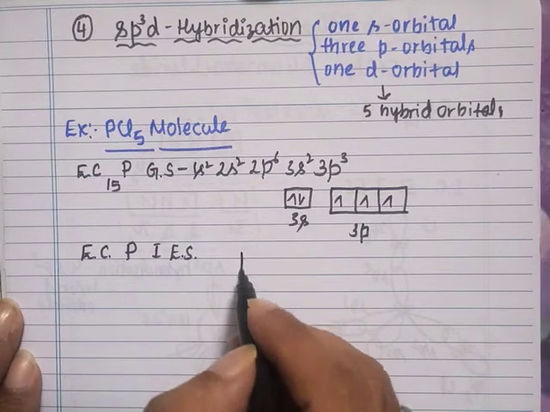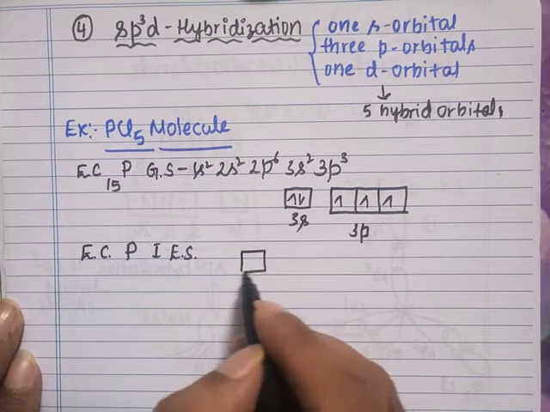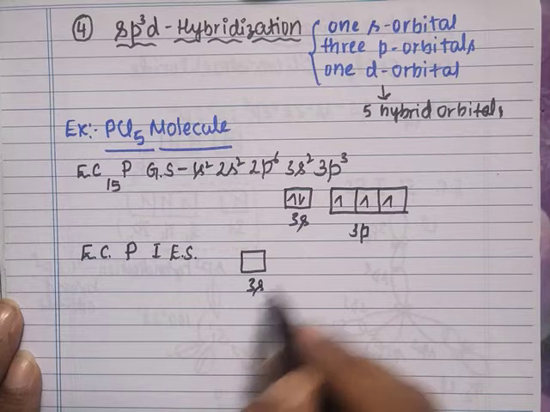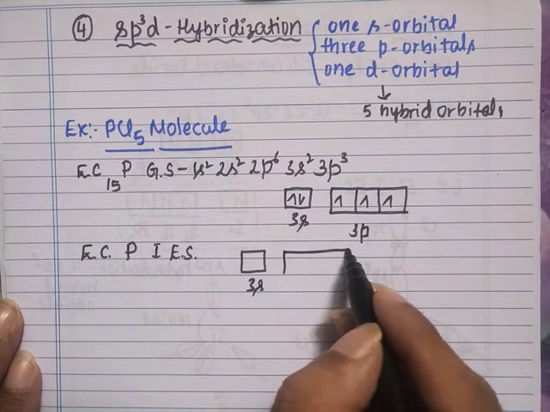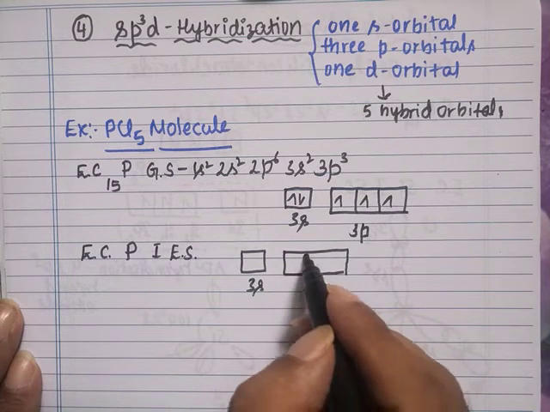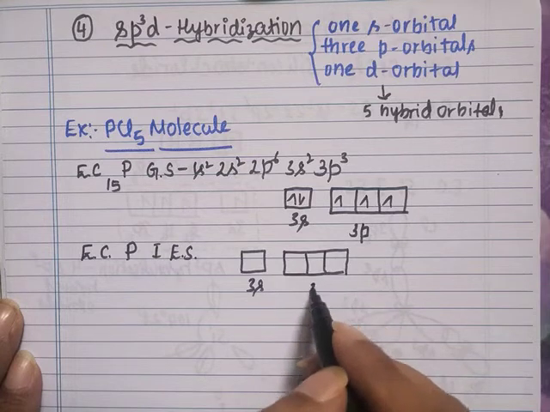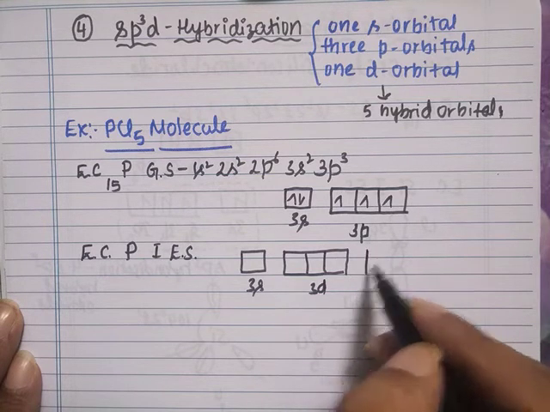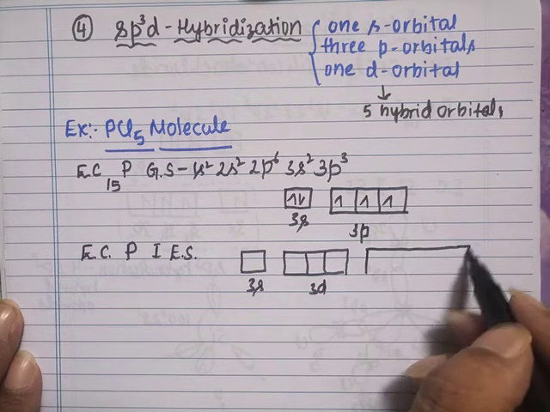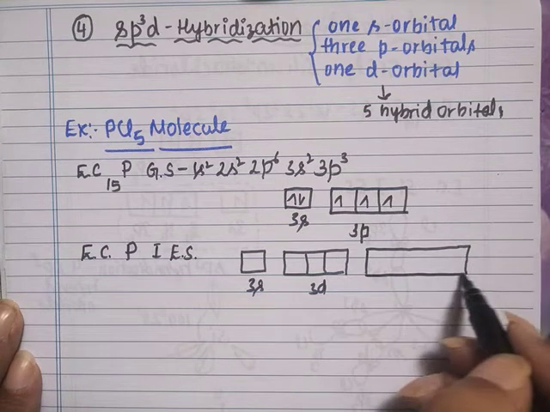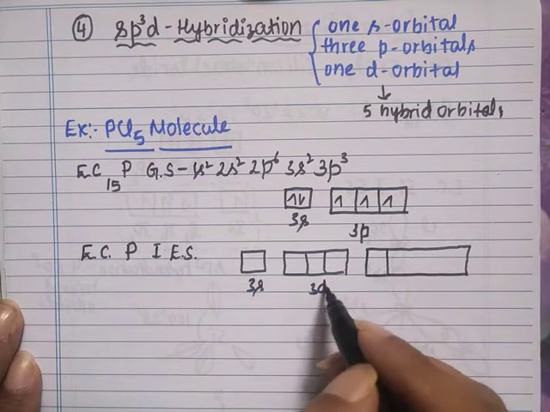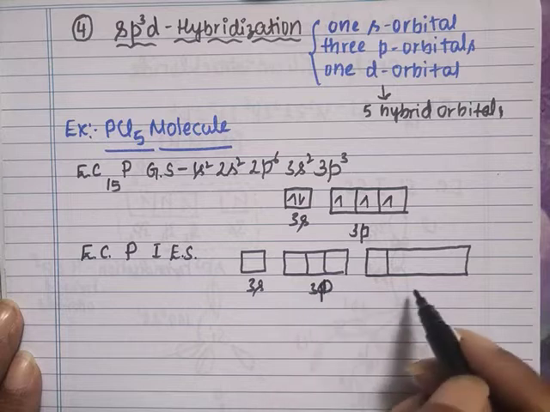So now the electronic configuration becomes: the 3s, the 3p and these are the 3d orbitals.